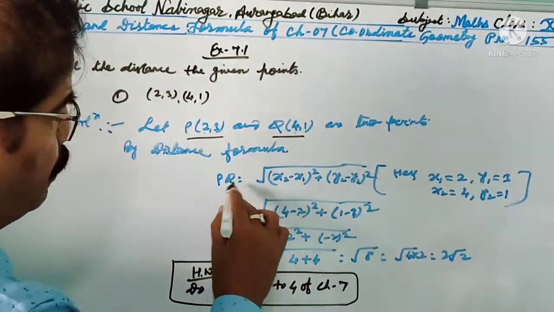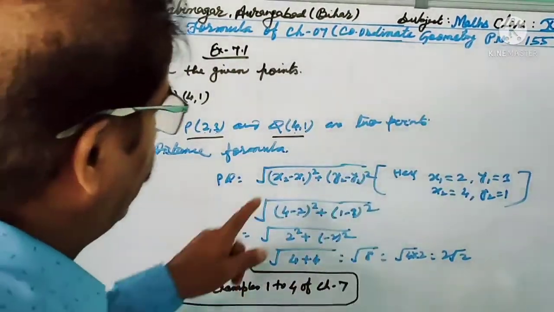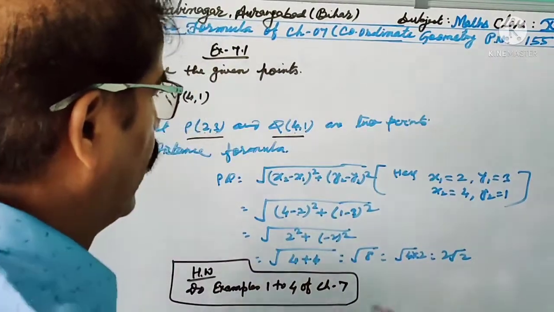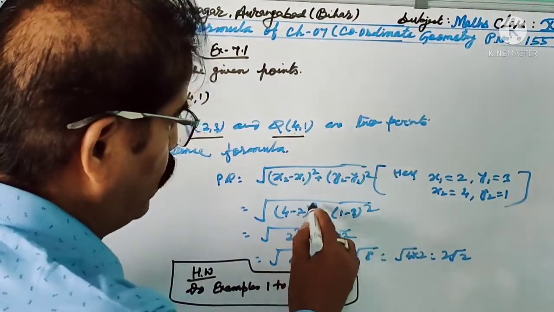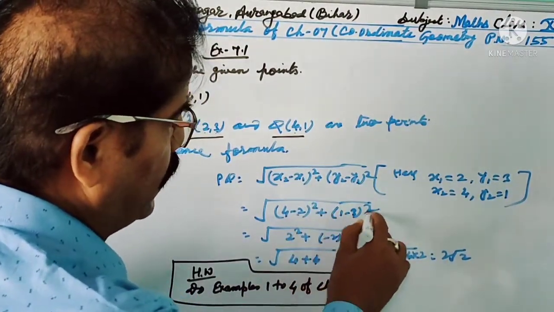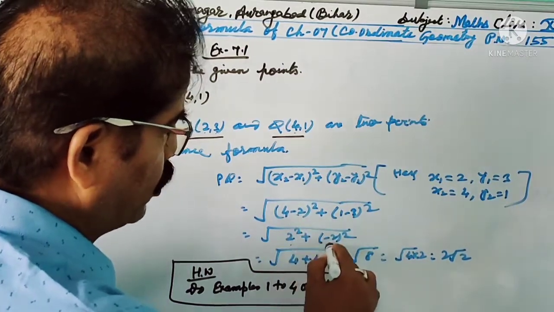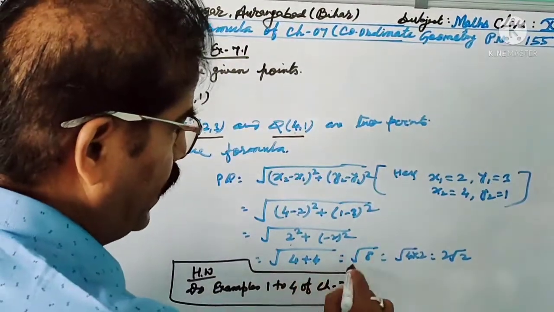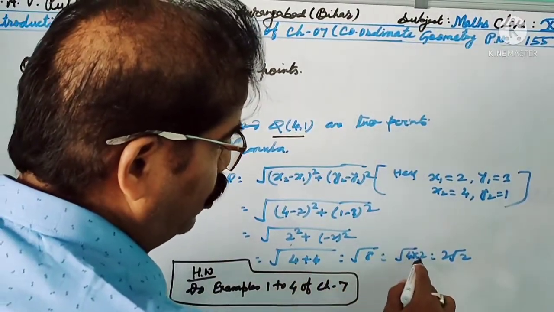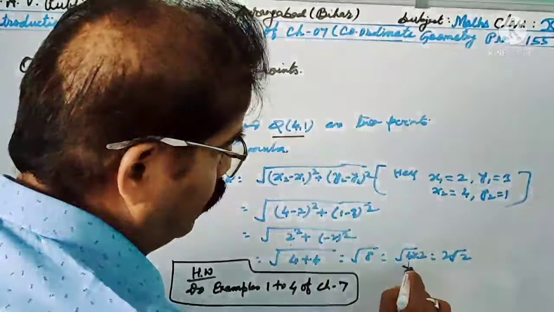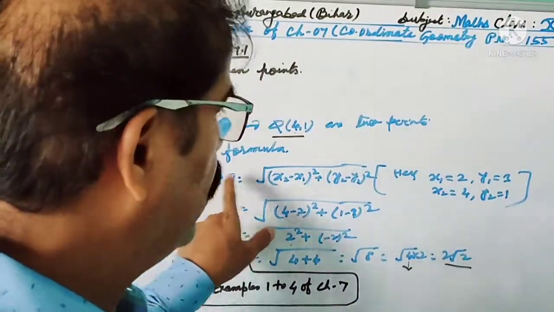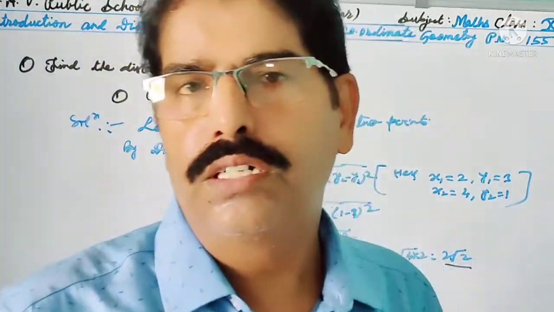So PQ equal to under root (x2 minus x1) square plus (y2 minus y1) square, so (4 minus 2) whole square plus (1 minus 3) whole square, that is 2 square plus (minus 2) square. So 4 plus 4, 8. 8 equal to 4 into 2, and root 4 equal to 2, so 2 root 2. So the distance of PQ equal to 2 root 2.